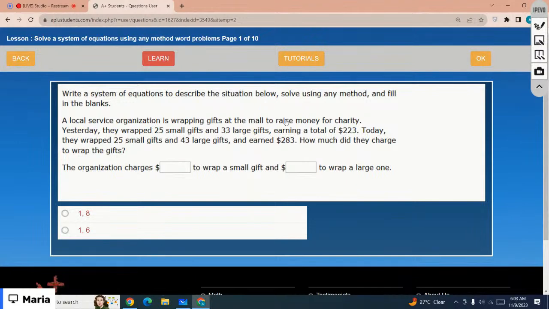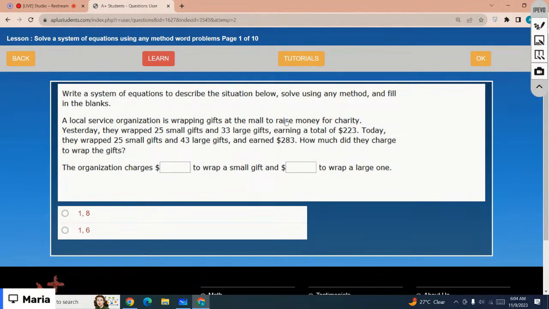A local service organization is wrapping gifts at the mall to raise money for charity. Yesterday they wrapped 25 small gifts and 33 large gifts, earning a total of $223. Today they wrapped 25 small gifts and 43 large gifts and earned $283. How much did they charge to wrap the gifts?